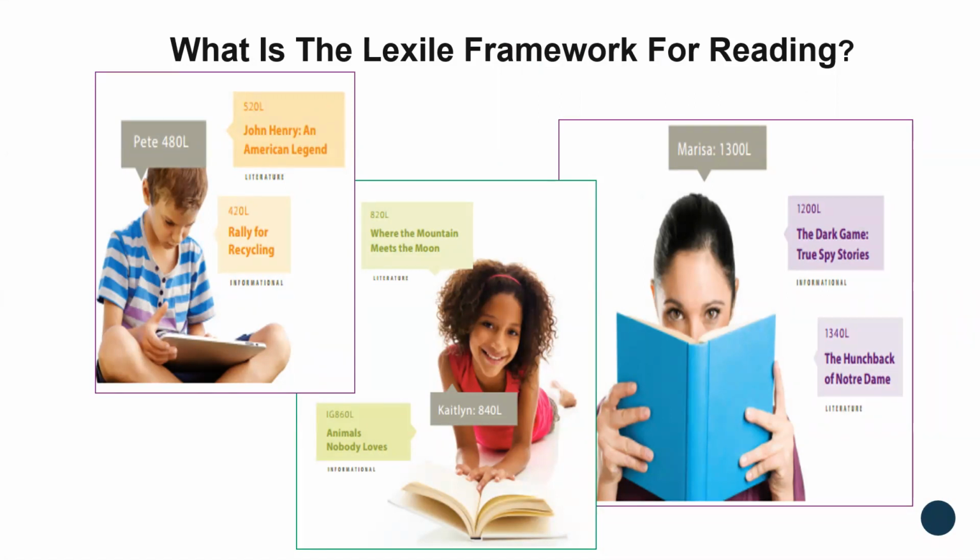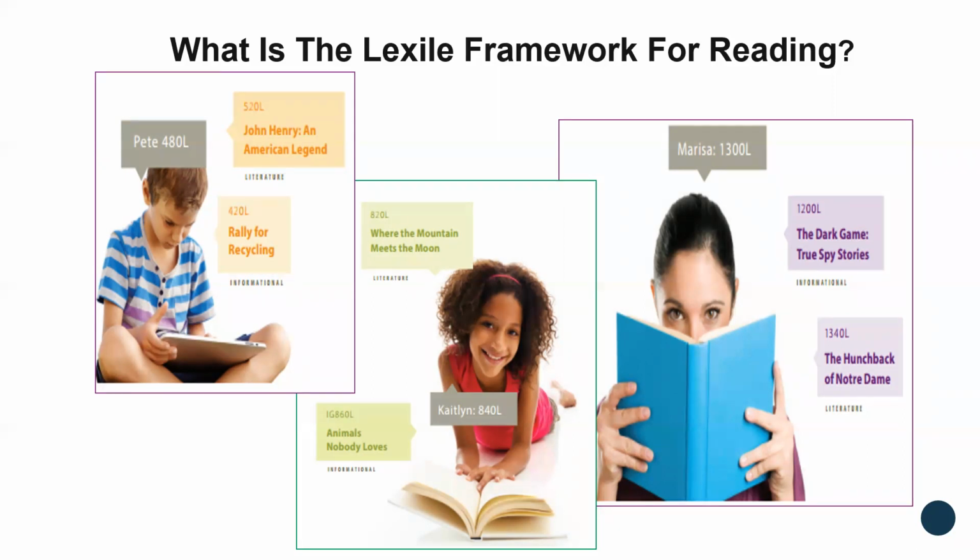mean when we tell you that that Lexile framework for reading has two Lexile measures. Pete, there in the upper left-hand corner, he took a benchmark assessment. Maybe it was the iLearn at the end of year before last school year.